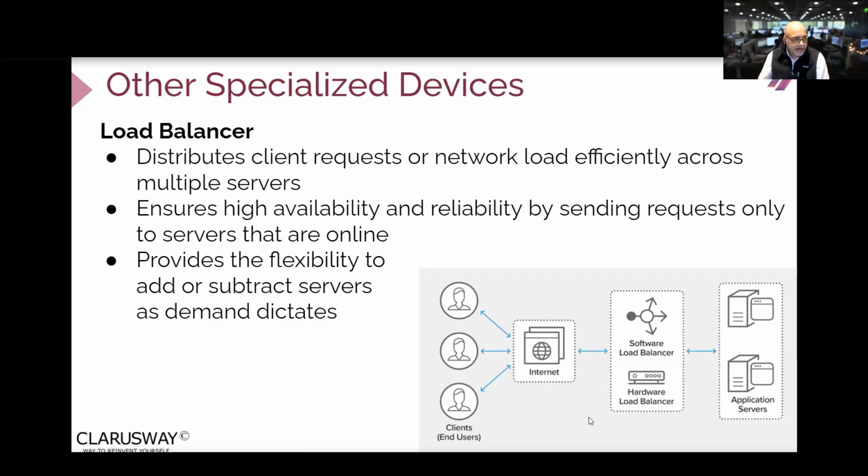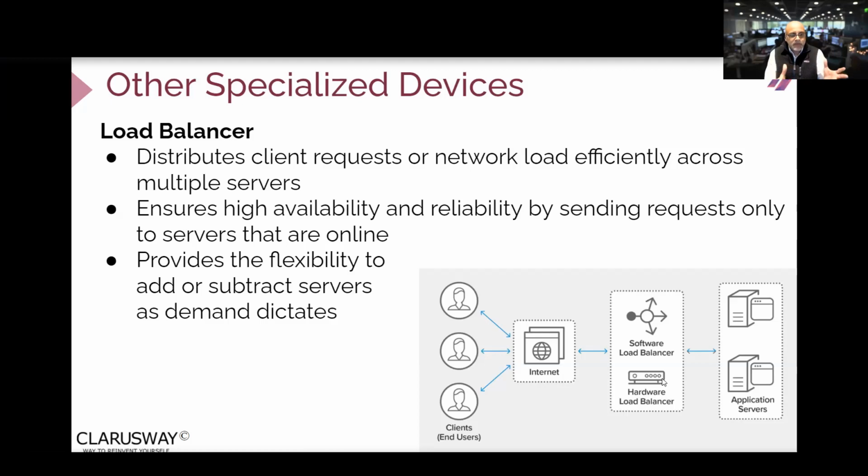Okay, and again, what it's showing here is you can have a software-based load balancer or a hardware-based load balancer. Hardware is known as an appliance. Often when they say I've got a hardware firewall or a hardware load balancer, people will refer to it as an appliance.